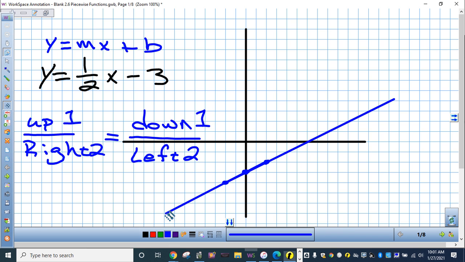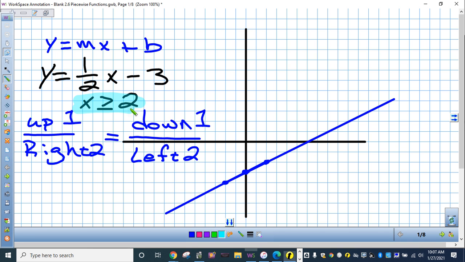Two different ways I'll show you to graph these intervals. Let's graph this line where x is greater than or equal to positive 2. So where x is greater than or equal to positive 2, just think of it like x equals 2.